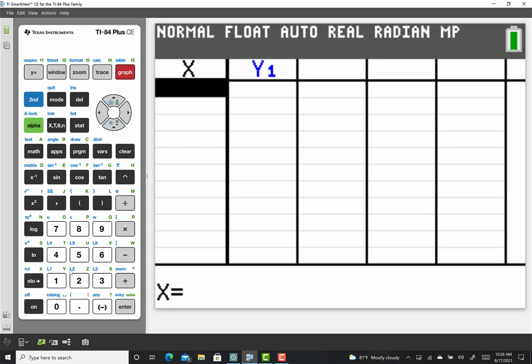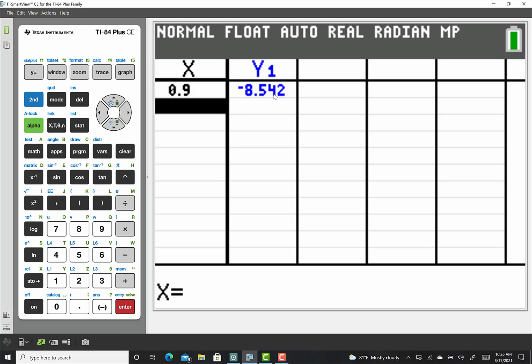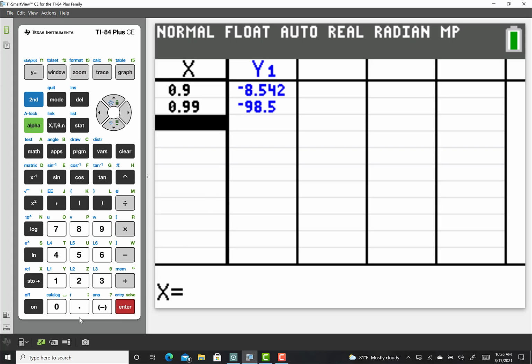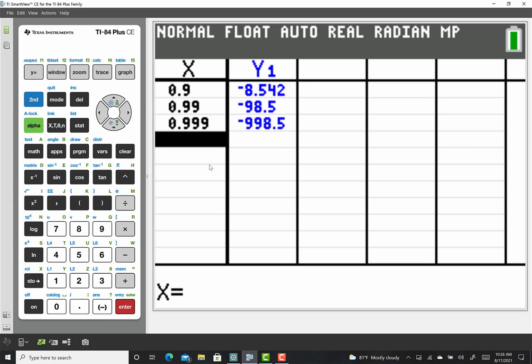So if I type in 0.9, that means my numerator is 0.9. But ln of 0.9 is some number that's negative. So if I type 0.9, look, you get negative 8.542. If I type in 0.99, it's going to be a larger magnitude, but more negative. If I type in 0.999, it's going to be another larger magnitude, more negative. Look at that. 0.99999.